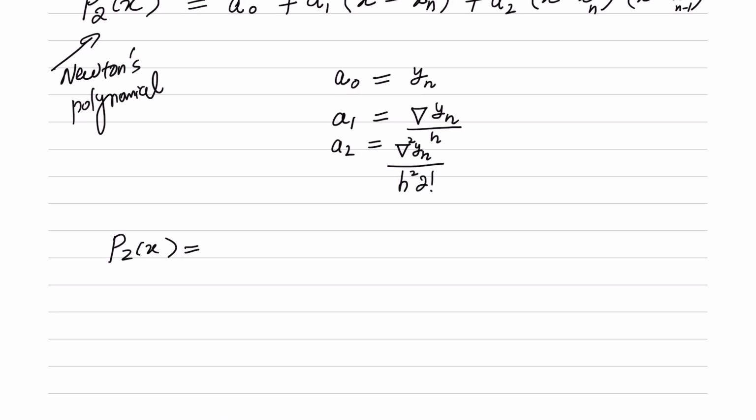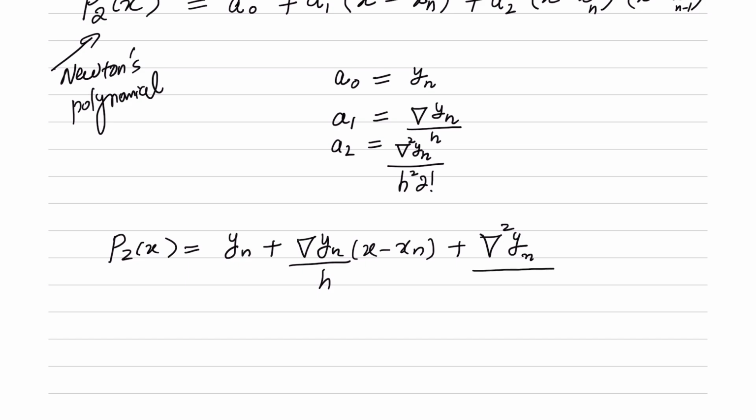Now let's plug these a's into P2 of x. So we have a0 yn plus a1, which is backward yn over h, x minus xn, plus a2, which is backward square yn over h square 2 factorial, x minus xn, x minus xn minus 1. So we have written the 2-degree polynomial, Newton's polynomial in backward difference operator form.